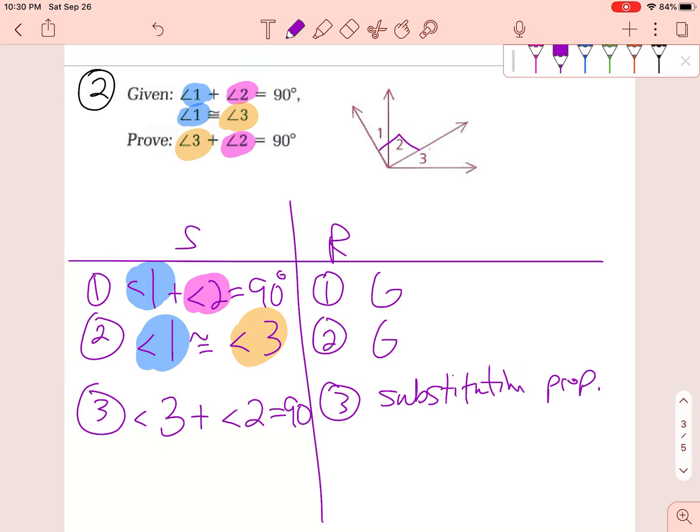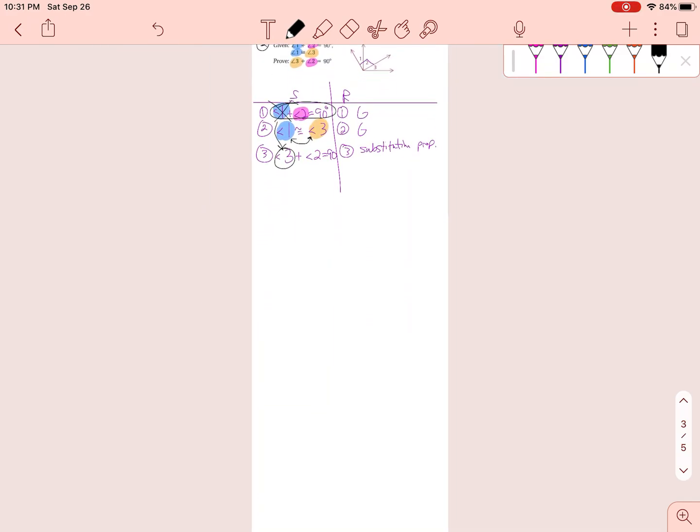Okay, angle 1, look at step 1. Angle 1 and angle 2 equal 90. 1 and 3 are equal players. Okay, so they're both quarterbacks. They're both wide receivers, whatever you want to think of them as. So if 1 equals 3, then I can actually take the 1 out and substitute in the 3. That is the substitution property.